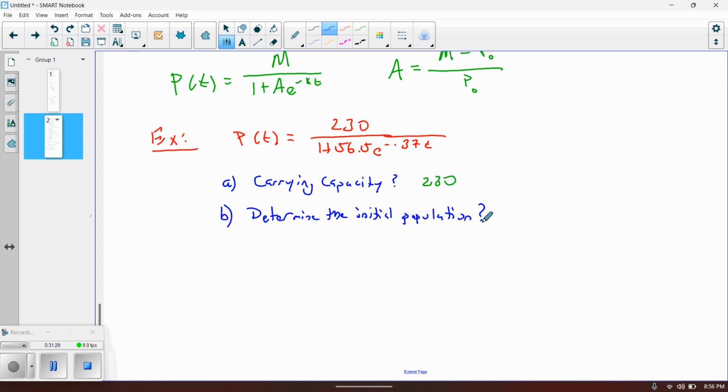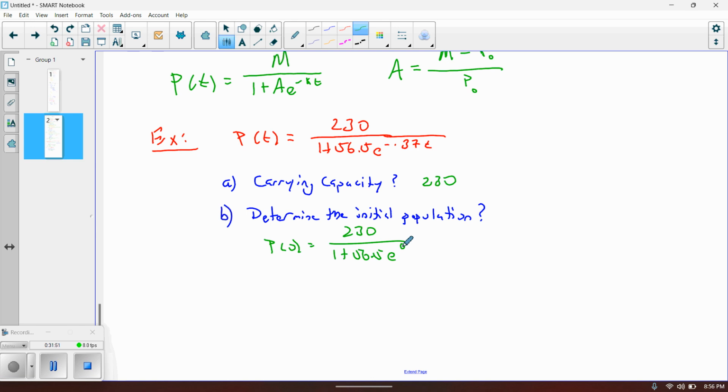So we're just going to literally plug in 0 for the time. So initial population is P of 0 equals 230 over 1 plus 56.5 e to the 0 power, because you're going to multiply the negative 0.37 times 0.